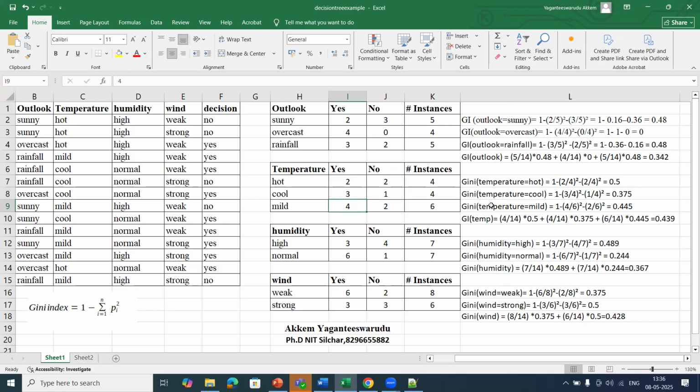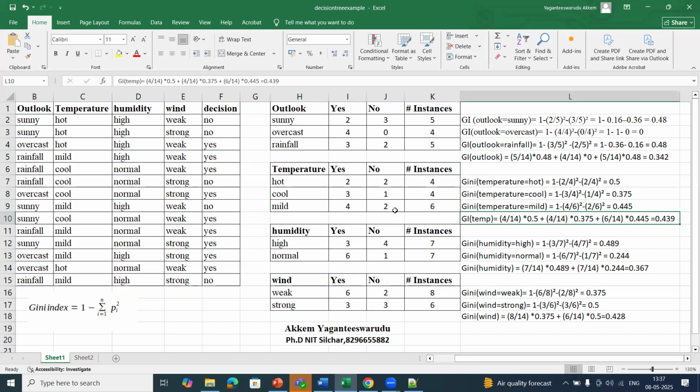And the Gini index for mild is 1 minus, there are 6 records, 4 by 6 whole square minus 2 by 6 whole square, that is 0.445. Finally, the final Gini index is the hot probability into the Gini index for hot, the cool probability into the Gini index for cool, and the mild probability into the Gini index for mild.